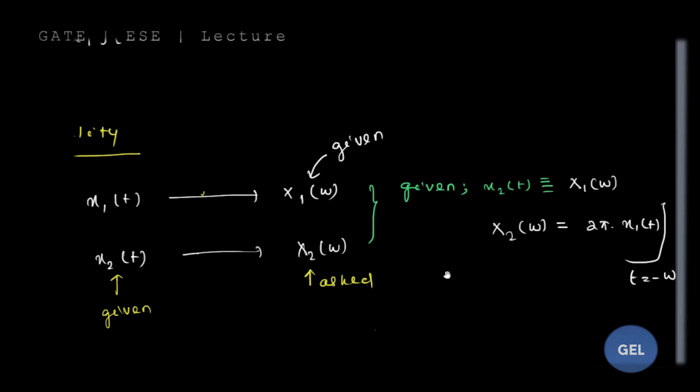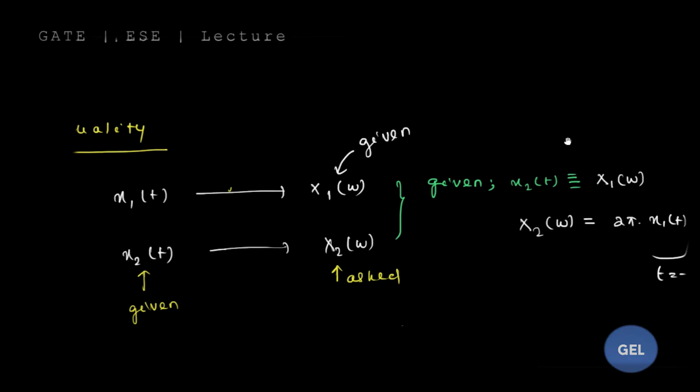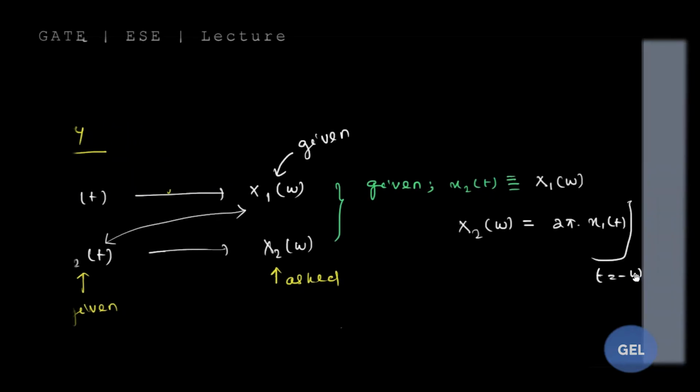This is your duality concept. You need to find the similarities between these two functions, and after that find x2(omega), which will be nothing but x1(t) into 2 pi, replacing t by minus omega.